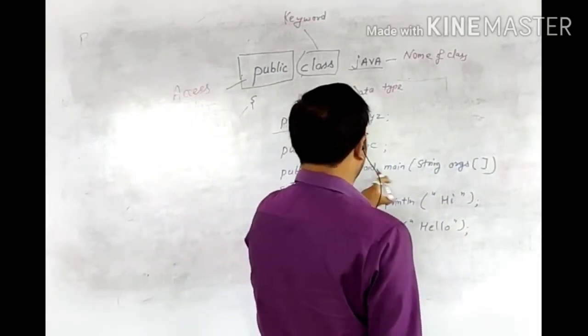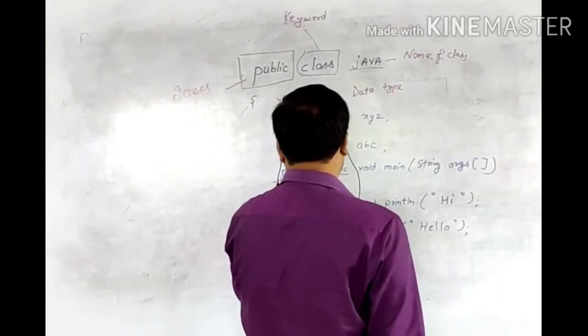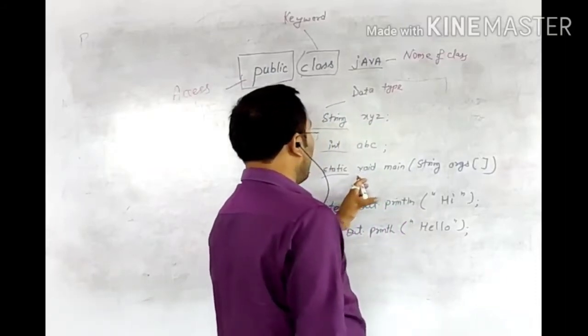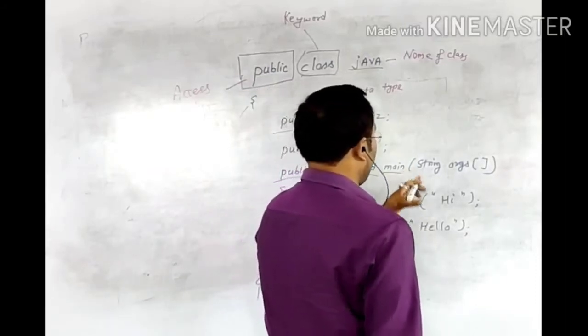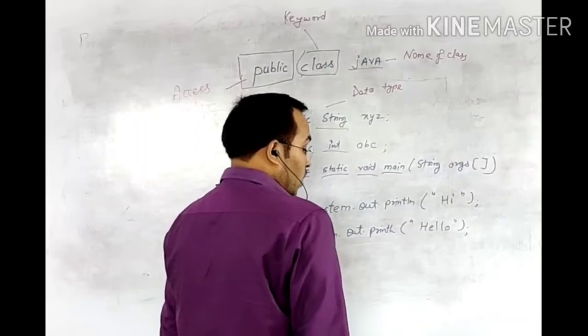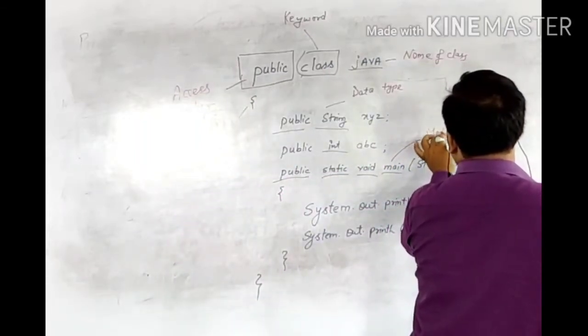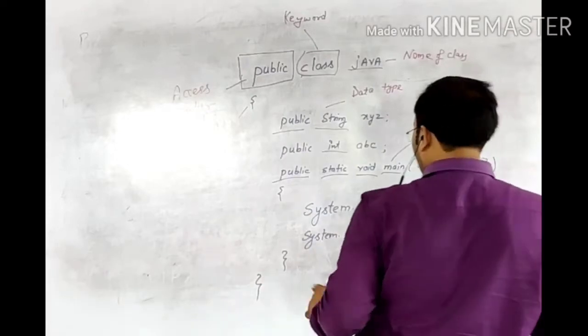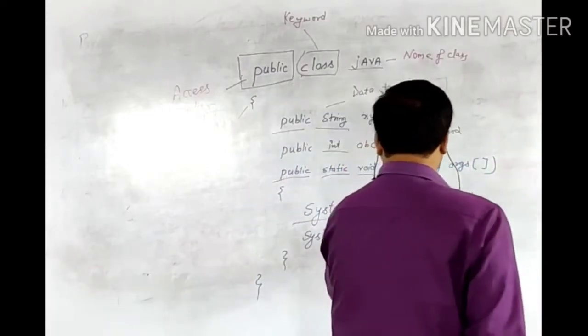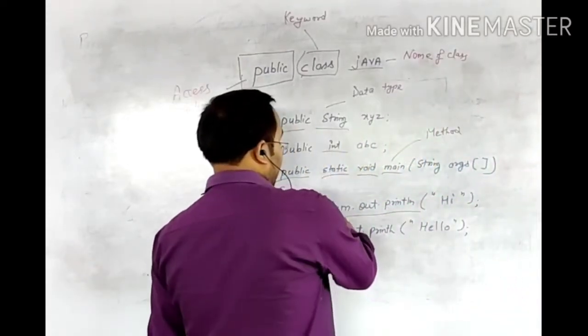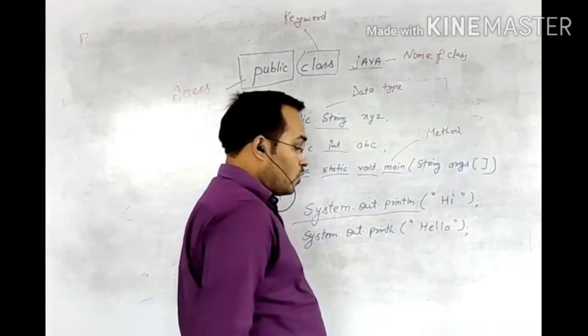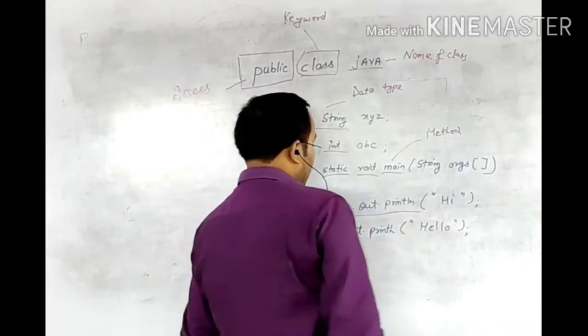Then static void main. Static is keyword, public is access specifier, void is what? It's a return type. Main is the first executing function of any program, or you can also say it is method. Okay. Now System.out.println, what is it? It is the printing statement which we are using to print in any program.